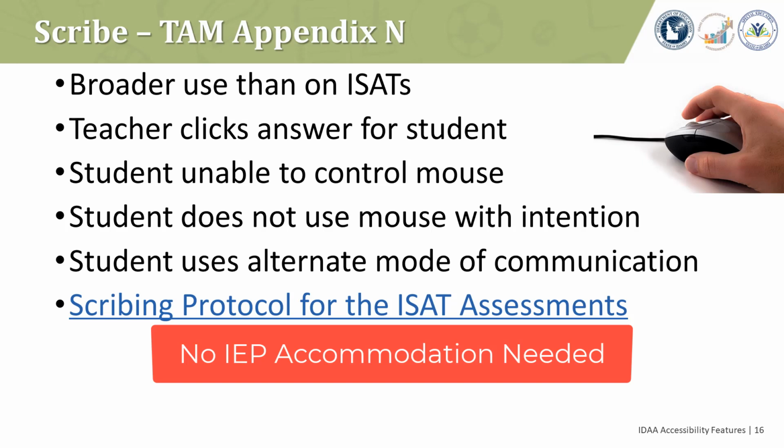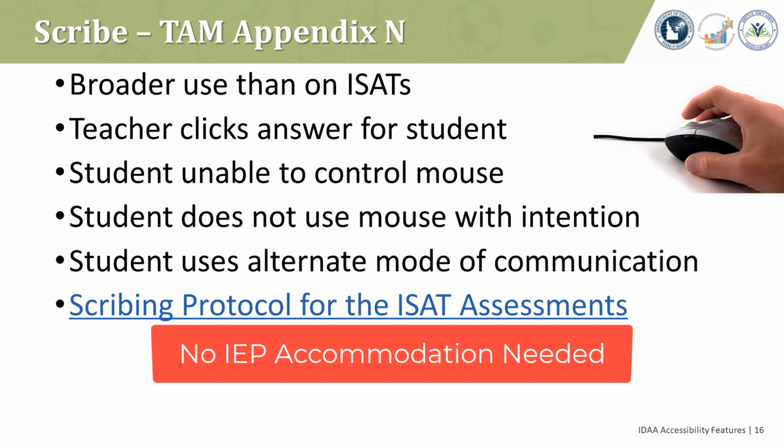We know that some students who qualify for the Idaho Alternate Assessment cannot control a mouse because of fine motor or vision issues. We know that some students do not use a computer mouse with intention, meaning they randomly click around on the computer screen. We also know that some students will respond to test items using an alternate mode of communication to indicate their answer choice.